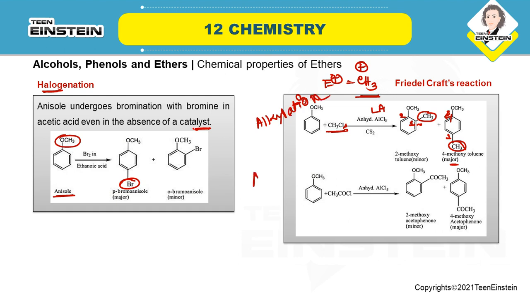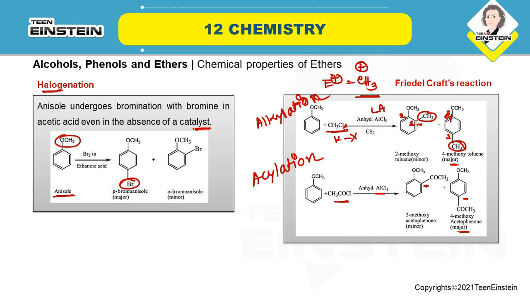And the second one, acylation. So when it is acylation, the same catalyst you have taken, but rather than taking RX, now we have taken RCOX, an acyl chloride, and the COCH3 group will be inserted either at ortho position or para position.